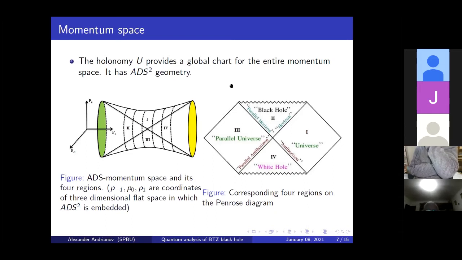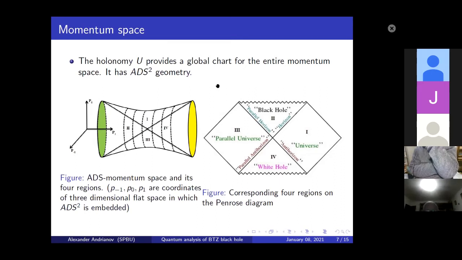There is a group characterizing the AdS2 geometry, but in the vicinity of the horizon, we can simplify. I draw your attention that this is a Penrose diagram, which typically is written in x space, but due to our metric, we can write a similar one in momentum space.